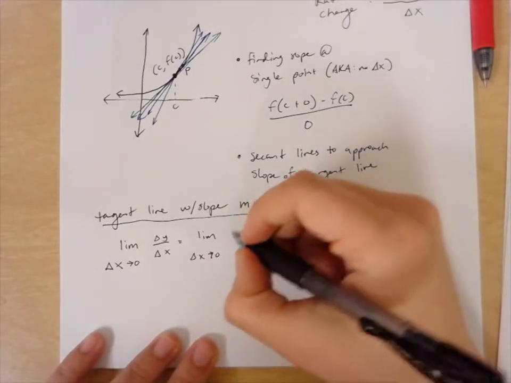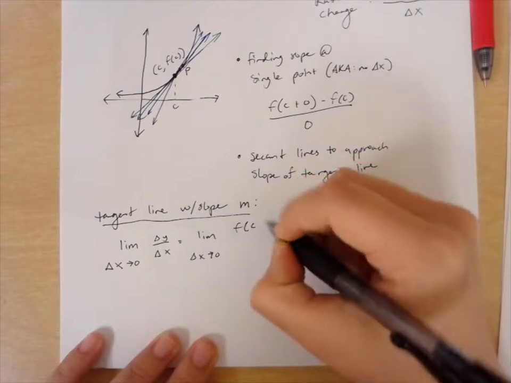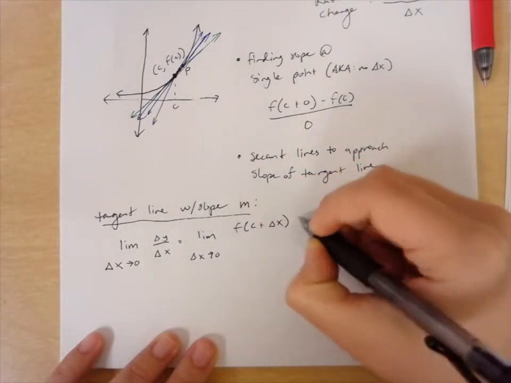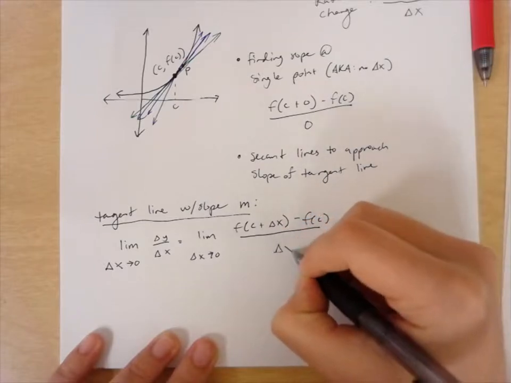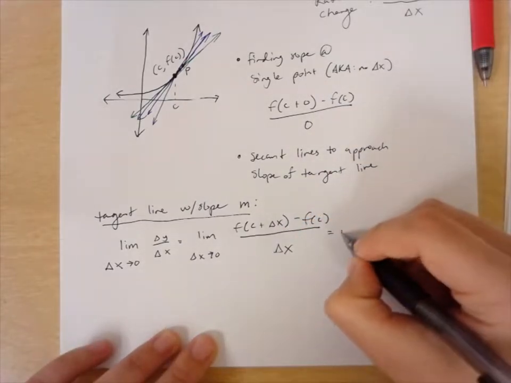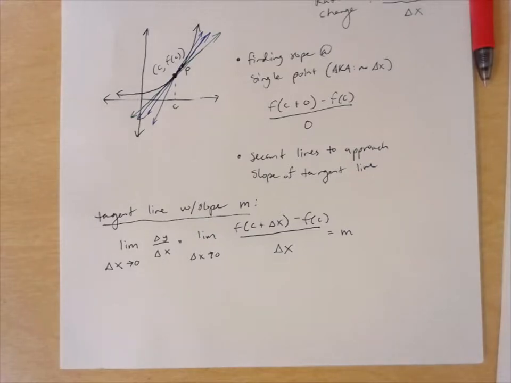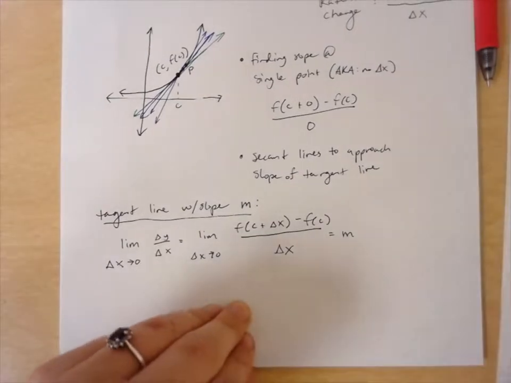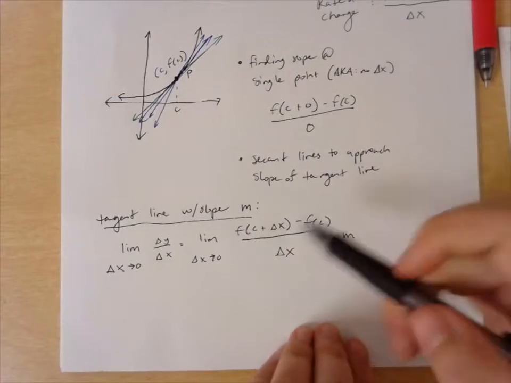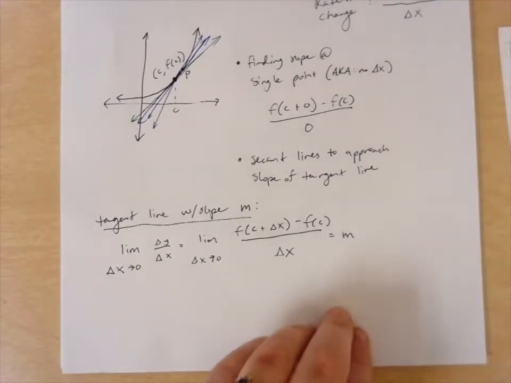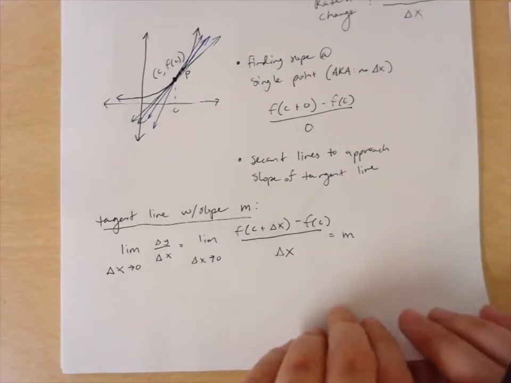So we're going to use f of c plus the change in x minus f of c over the change in x equals our slope, our m. So here's what we get to say. We get to use this formula to help us find slopes of nonlinear functions. How cool.